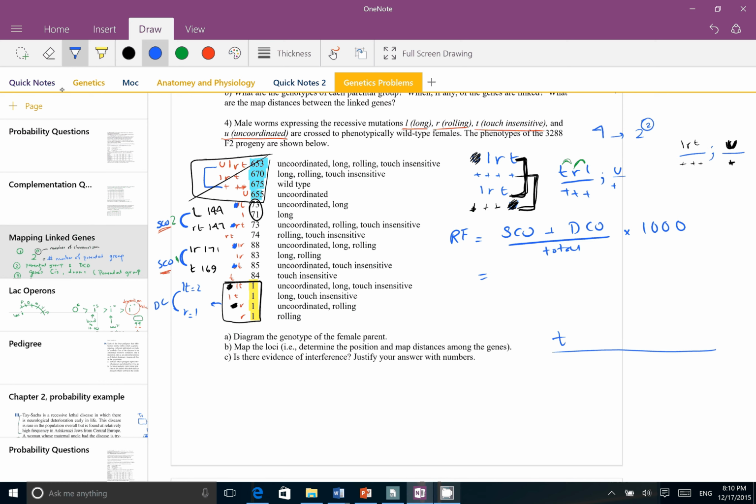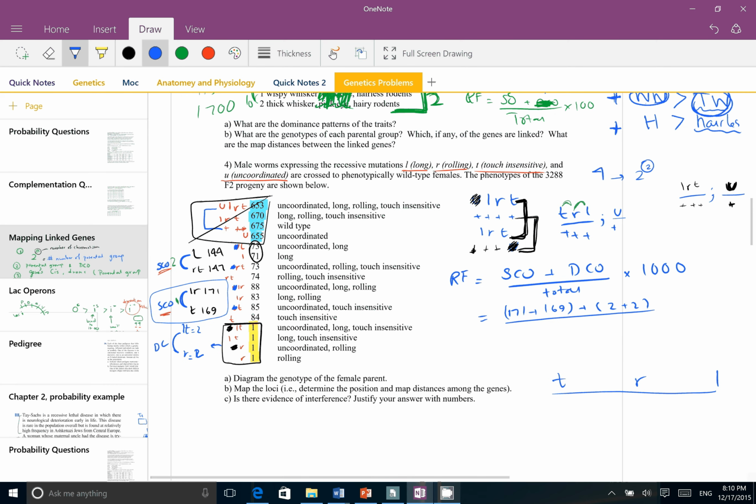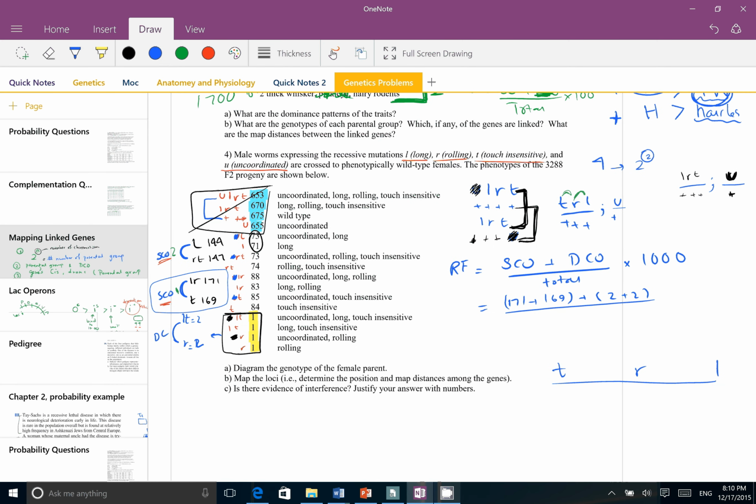So there's my T, my R, my L. So now I want the distance between T and R, and I set this one here will give me the distance between that. So it's gonna be 171 plus 169, right? Plus my double crossover, sorry about that, 2 plus 2, the whole thing. Does it give me the total, or does it expect me to calculate the total?